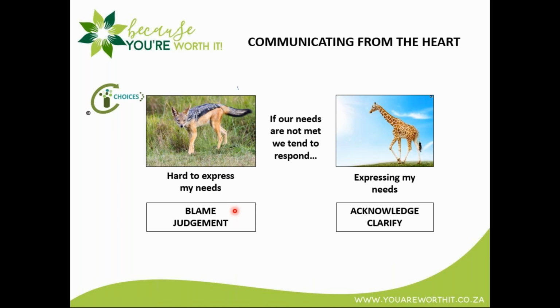So the kind of thing that might happen in our minds is that we'll go, okay, so you see I'm not good enough, judgment. I'm the one that doesn't get it right, blame. Or we'll interpret, you see, I have never got it right. The missing word here is interpret, so it would almost be like a BIJ, blame, interpret, and judge ourselves, but also others. They don't get me, they don't understand my needs, they don't care about me. You see, they never pay attention to me, and we'll interpret it.